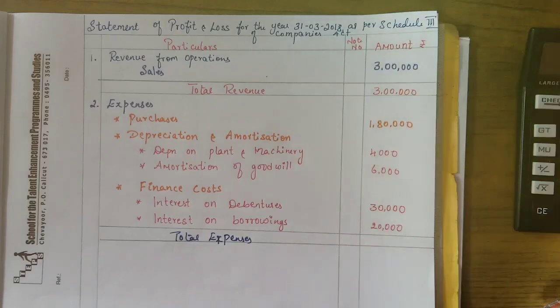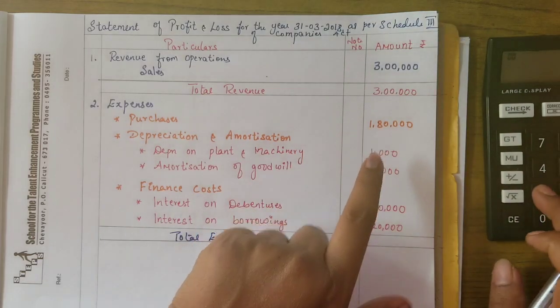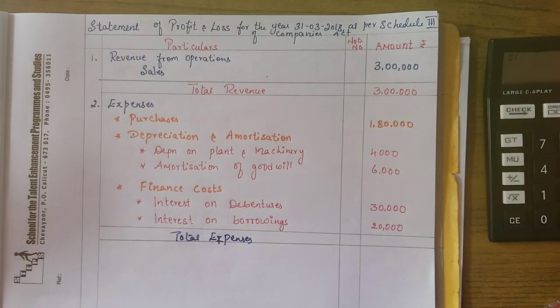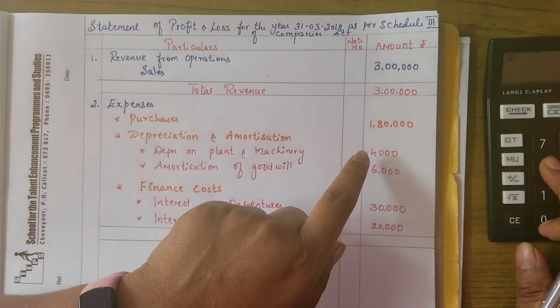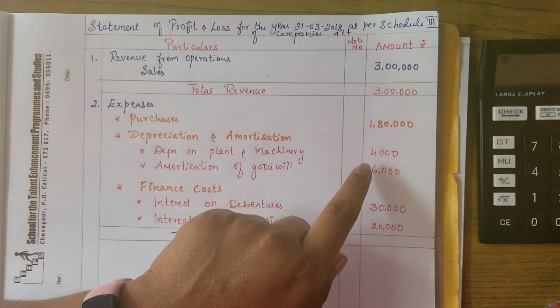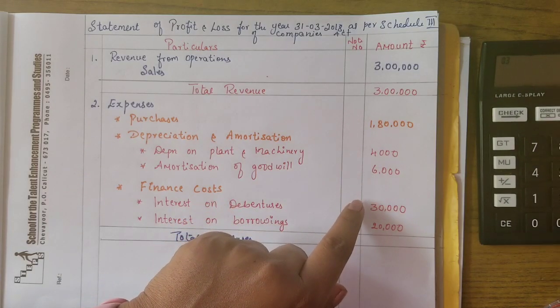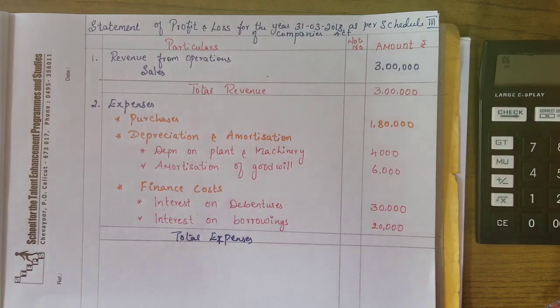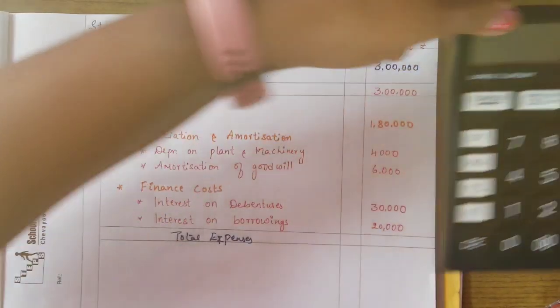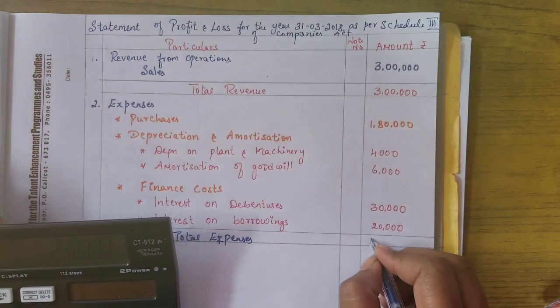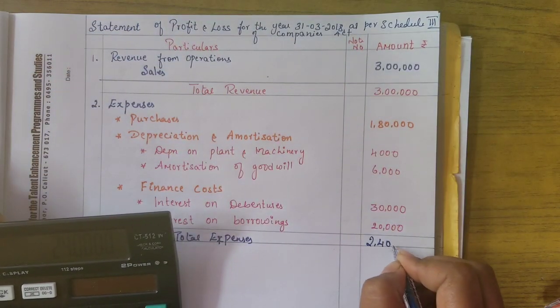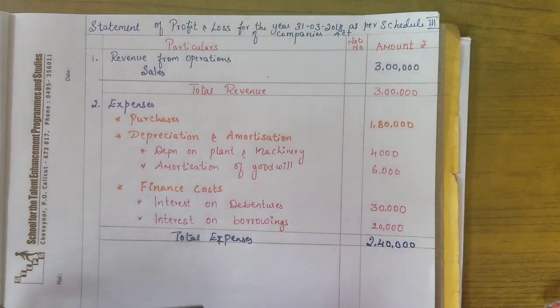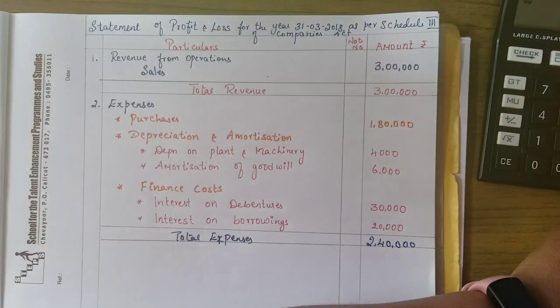Just make the expenses total here. 1,80,000 plus 4,000 plus 6,000 plus 30,000 plus 20,000. So you are getting 2,40,000.